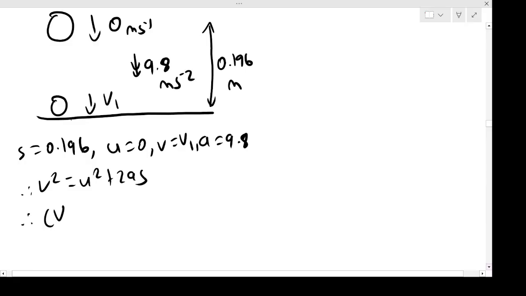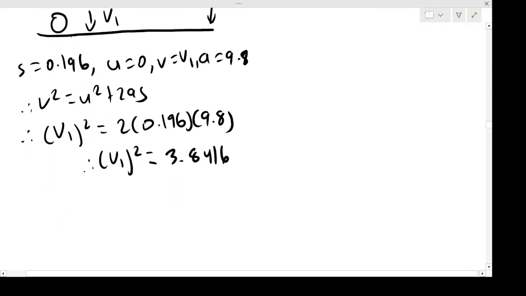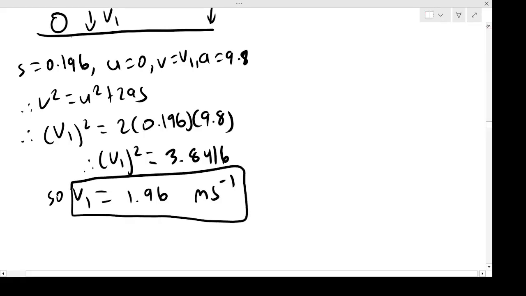So V1 squared is going to be 2 lots of 0.196 times 9.8, so V1 squared is going to be 3.8416. If I root that, I get V1, my final velocity, to be 1.96. Okay, quite nicely. So I can add that on.